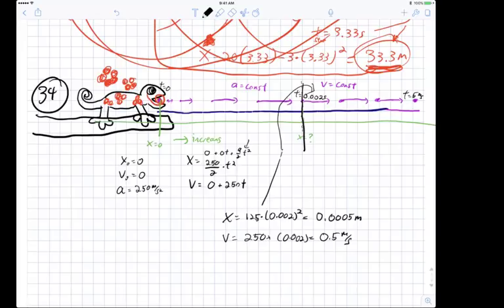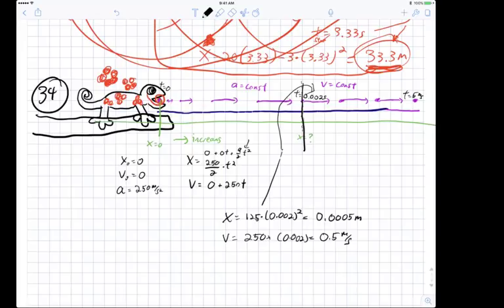But I don't know what this distance is, d2, and I don't know what this distance is, d1. I know how long it takes to reach this point in time, but I don't know how long it takes to go from here to here, and I don't know how long it takes to go from here to here.